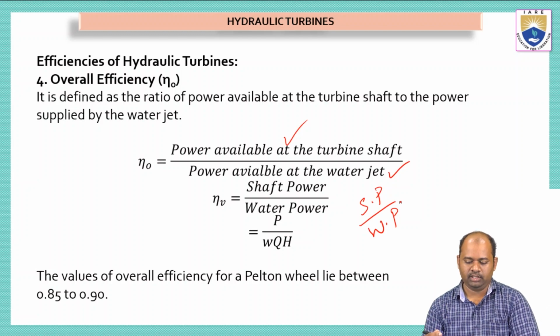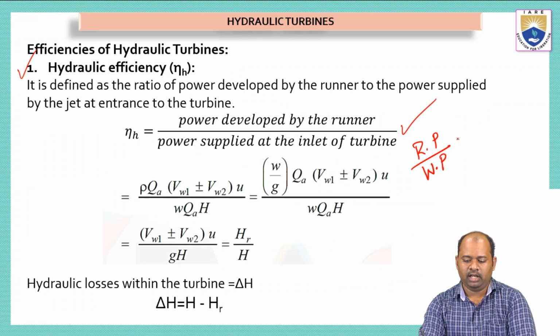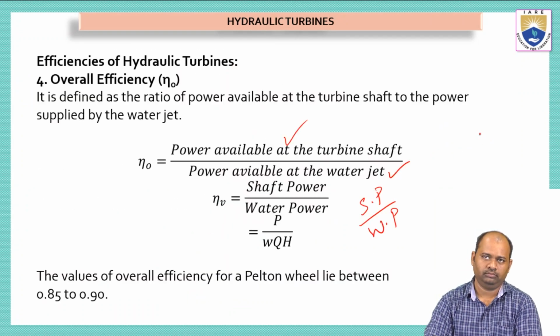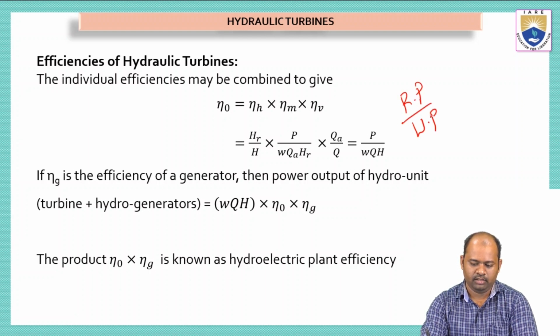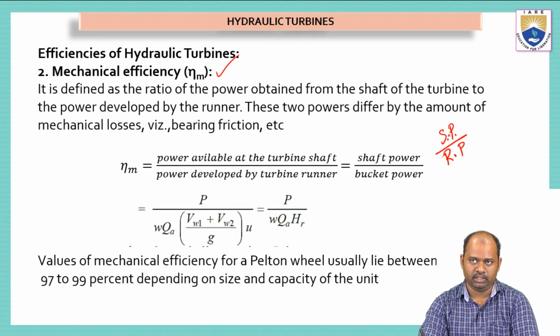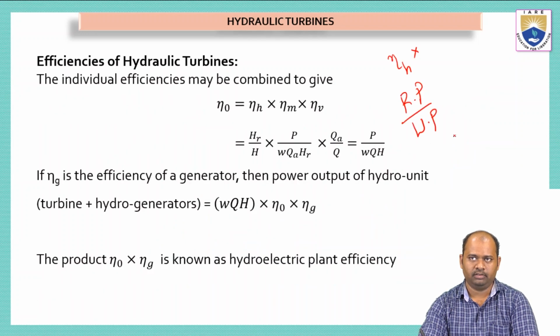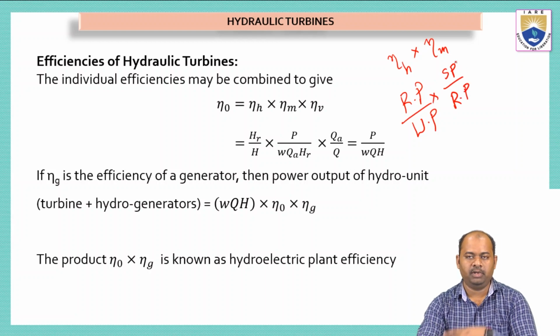So we have seen in the previous slides, now let us go back. This is hydraulic efficiency. Hydraulic efficiency is nothing but Rp by Wp, that is what is written here. Rp by Wp, hydraulic efficiency, multiplied by mechanical efficiency, shaft power by runner power. Now what happens if I multiply these two?